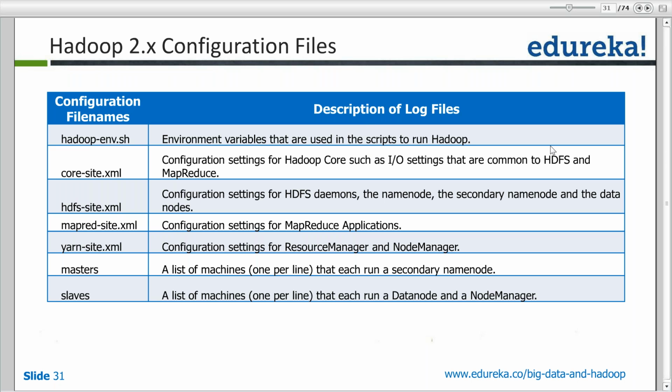Similarly, the properties which are very specific to MapReduce should go in your mapred-site.xml. Similarly, the properties which are specific to yarn should go in your yarn-site.xml. Until Hadoop 1, we didn't have yarn, so the yarn-site.xml file was not present. In Hadoop 2, this yarn-site.xml file was introduced.